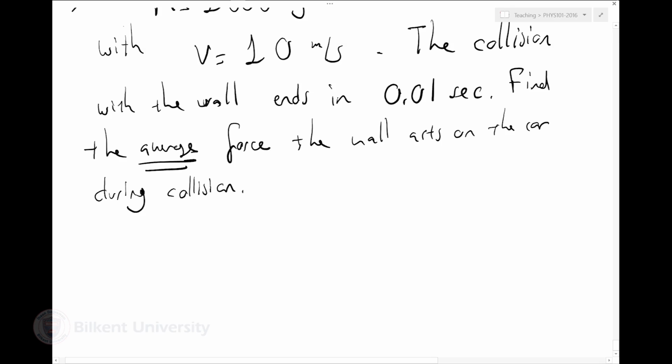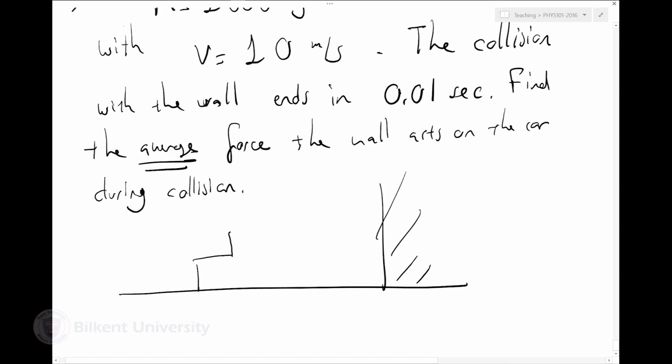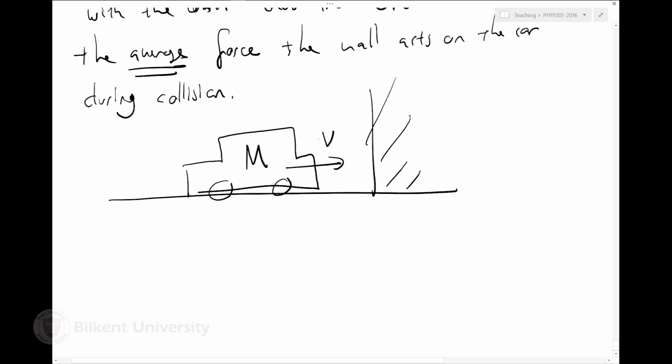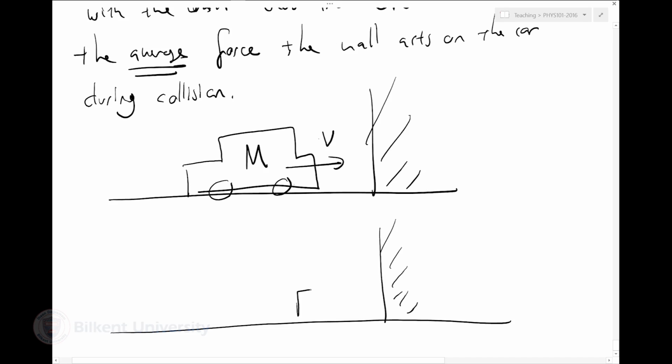So, in the initial case, I have a wall here, and I have my car going with velocity v, and it has a mass m. And when the collision is over, the velocity of the car is 0. So what's my initial momentum?